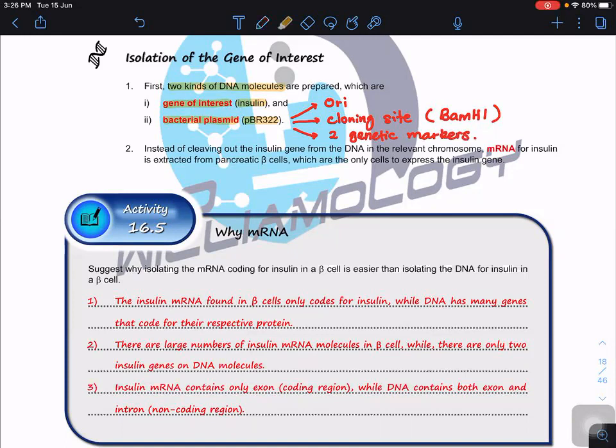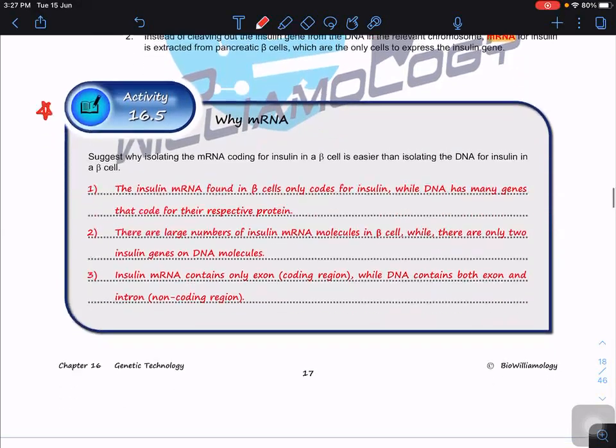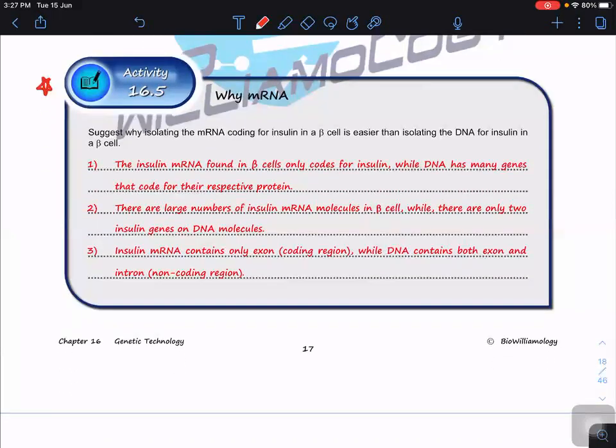Instead of cleaving out the insulin gene from the DNA in the relevant chromosome, we use mRNA for the insulin. This is a very important question, always asked: why mRNA but not the DNA?